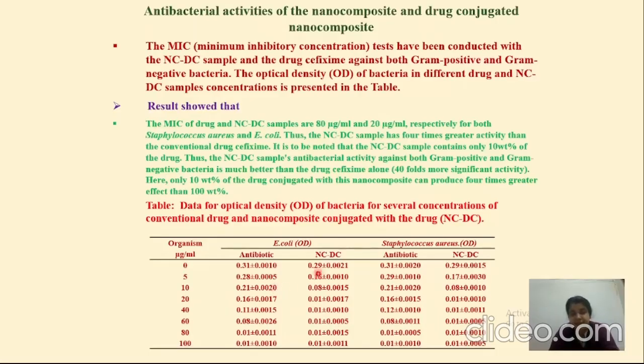And from this study we can say that the MIC for the NCDC sample is about 20 microgram per ml, and for the drug it is 80 microgram per ml. That means there is significantly more activity for the NCDC sample than the pure antibiotic. This again proves that the antibacterial activity of the NCDC sample has been enhanced in a significant manner, right?